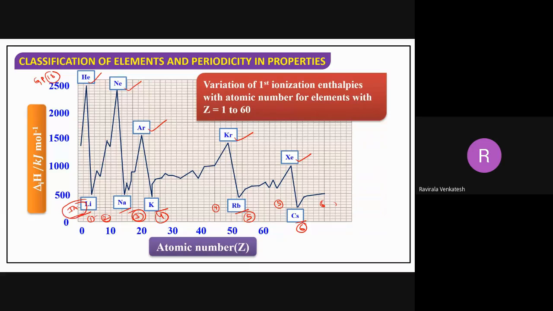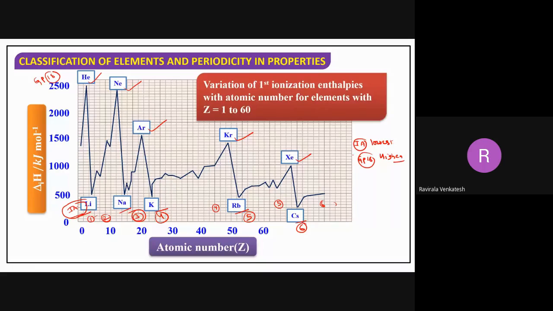First A group elements have the lowest ionization energy, whereas group 18 has the highest ionization enthalpy.